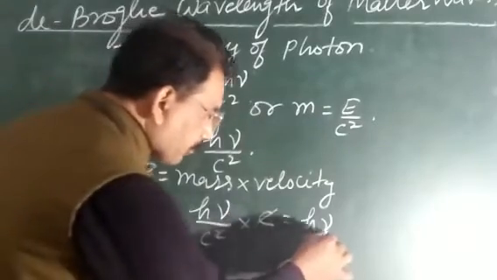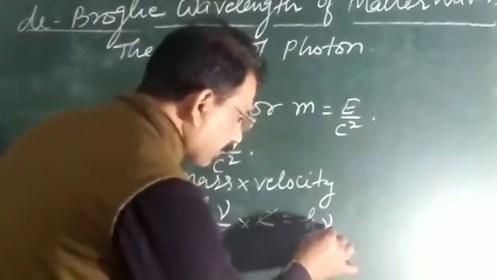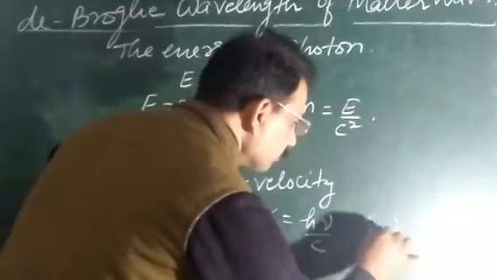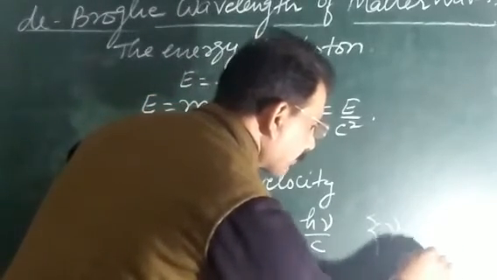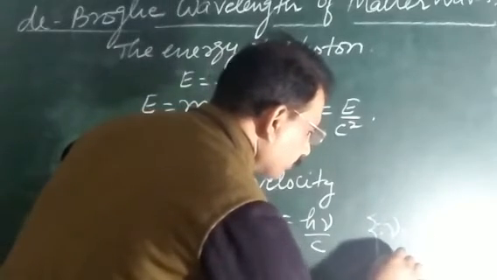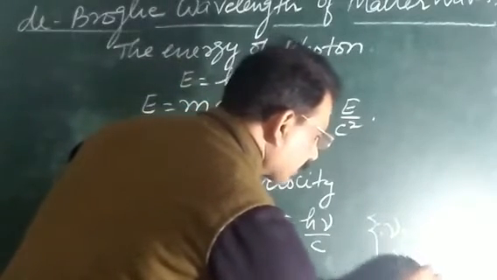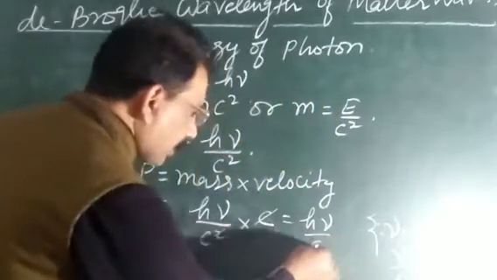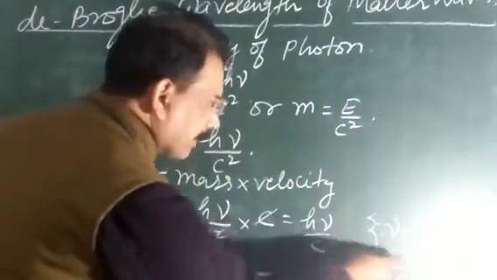And in place of nu by c, since you know nu is equal to c by lambda, you can write 1 by lambda. So in place of nu by c, you can write 1 by lambda.